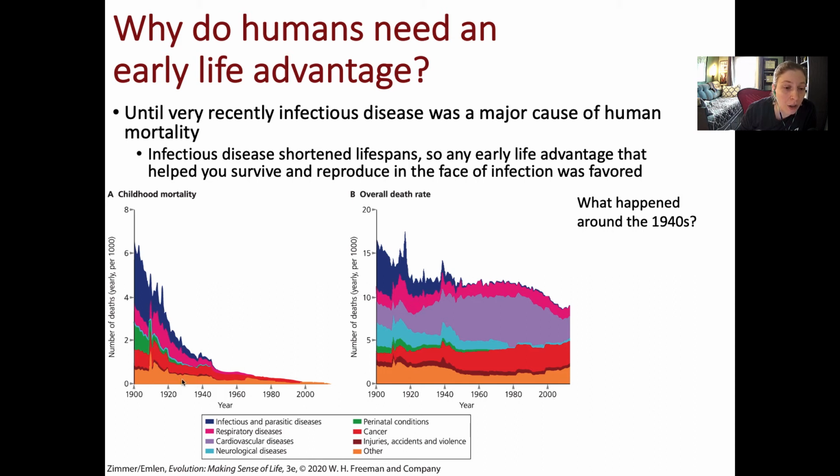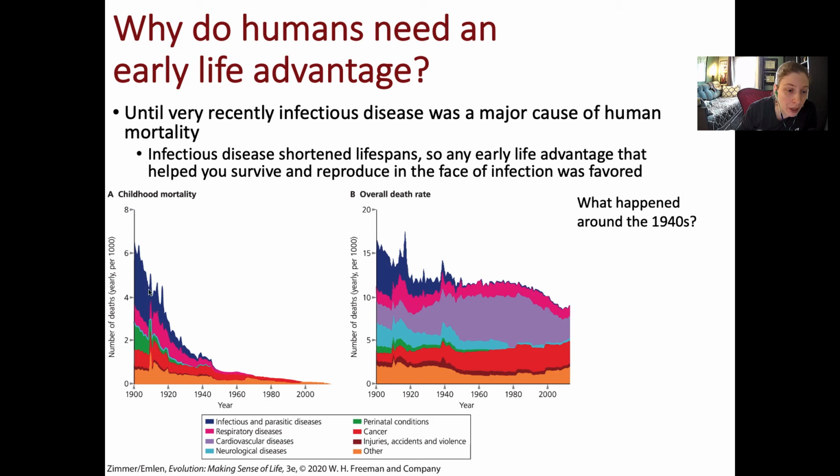I want you to focus on this navy blue color here. The navy blue color is infectious and parasitic diseases. Note how at the turn of the last century, around 1900, infectious diseases were responsible for many deaths in childhood and a high overall death rate.